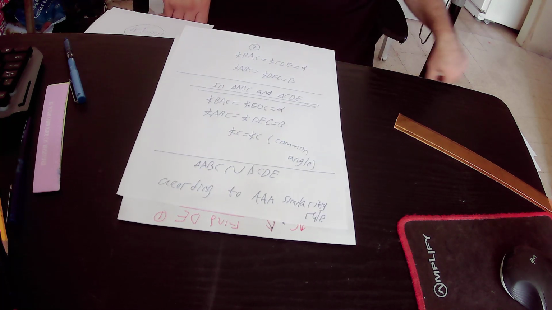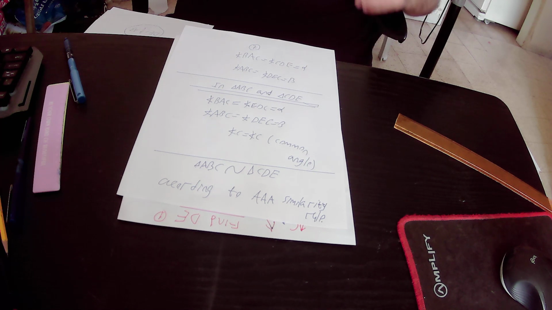So we actually proved that the three angles of triangle ABC are equal to the three angles of triangle CDE, and therefore those two triangles are similar to each other according to the angle similarity rule.